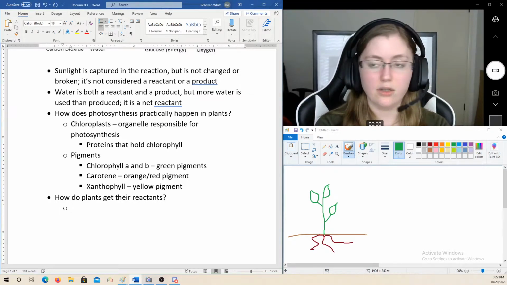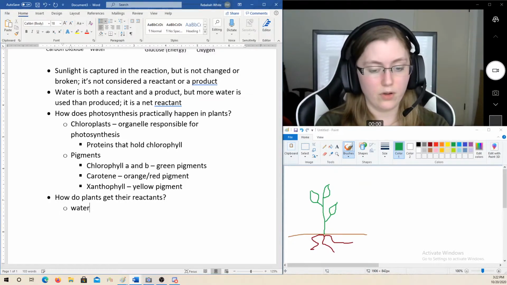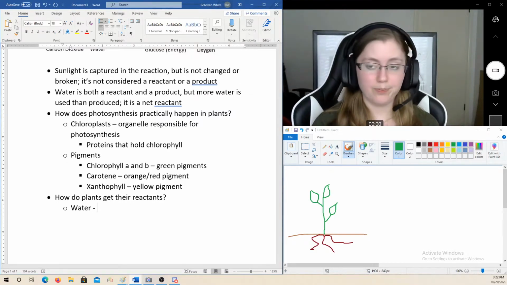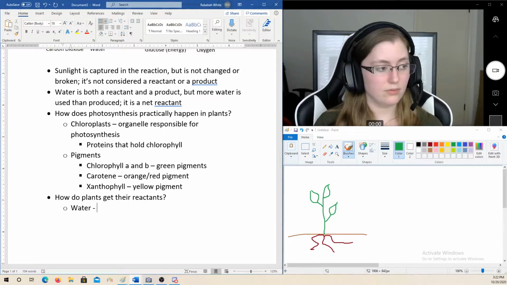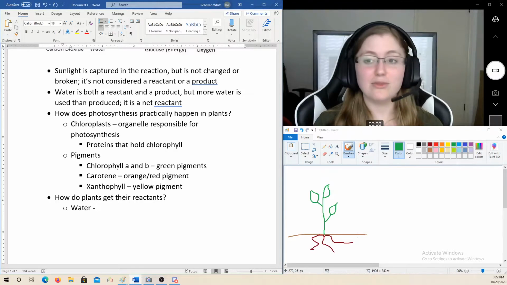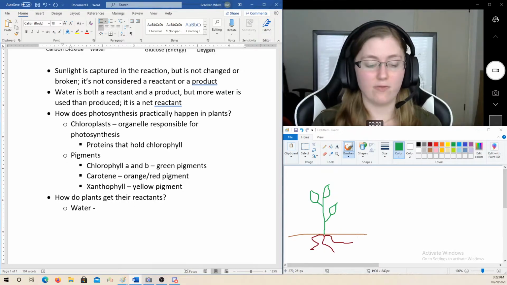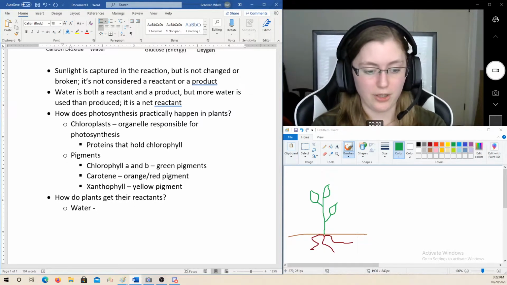So first, let's talk about water. So where is the water coming from in a plant? They get their water through the roots, and it's actually pulled up through the plant. This is from a process called transpiration.